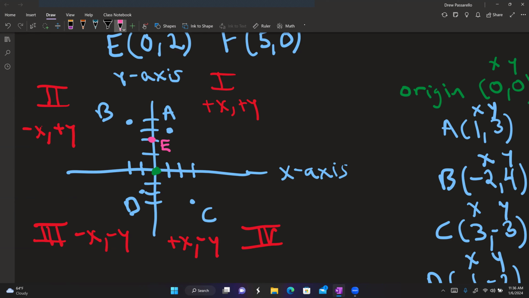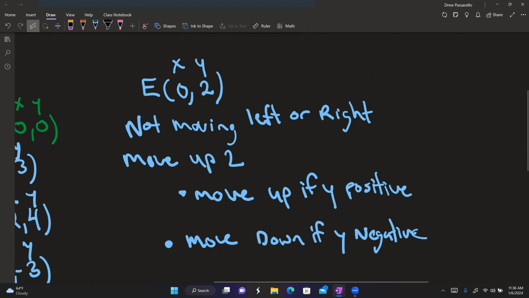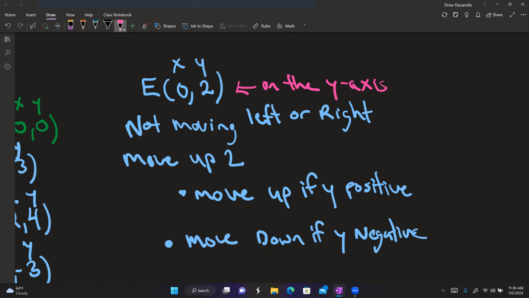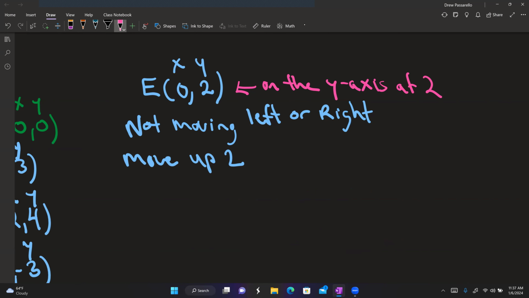Now, because it's on the y-axis, that means it's called a y-intercept. All right, so the point E, it's on the y-axis at 2. And it's called a y-intercept. The next section, this is important because we will plot lines using intercepts.